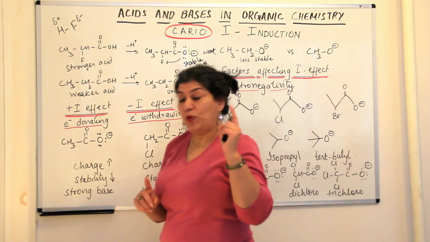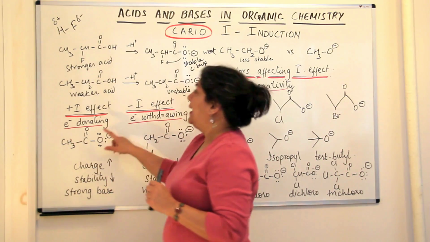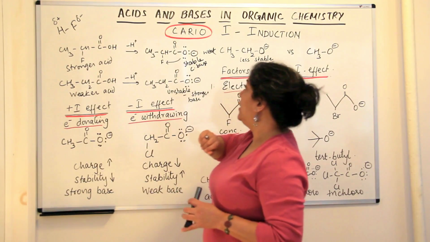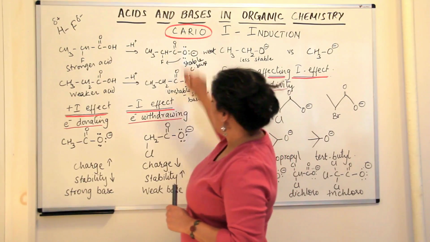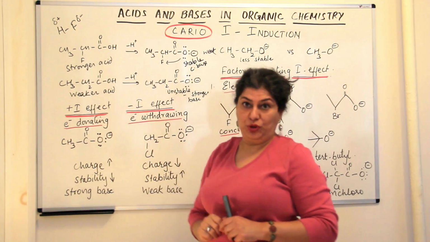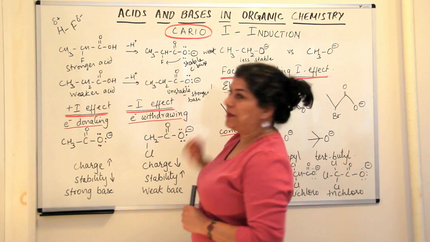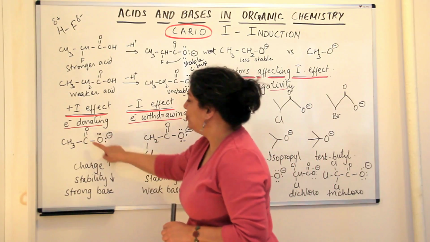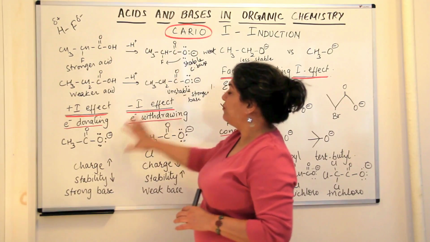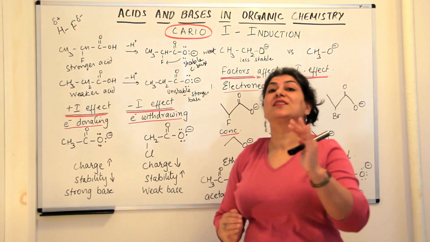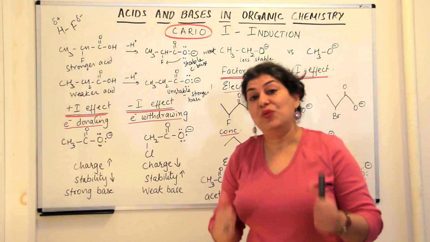I would also like to point out that both of them have a single negative charge. The atom bearing the charge is O in both the cases. And if you look at the third step, that is resonance, both of these show the same resonance too. So if you look at the first three steps, you would not be able to judge which one is a stronger acid or which one is a weaker acid.